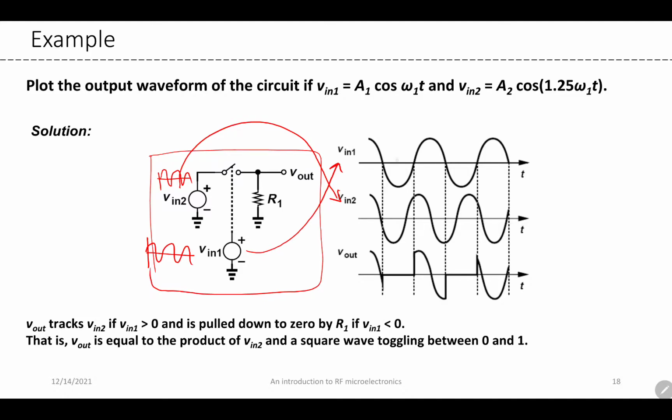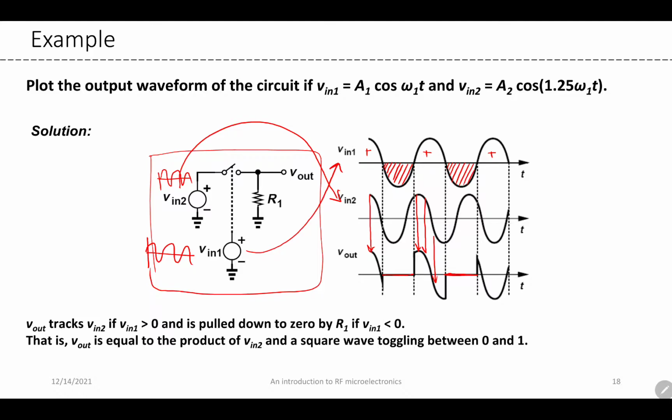So for every position where V in 1 becomes negative, your V out goes to 0, right? And for every position where it's positive, V out follows V in 2. So it completely follows V in 2.